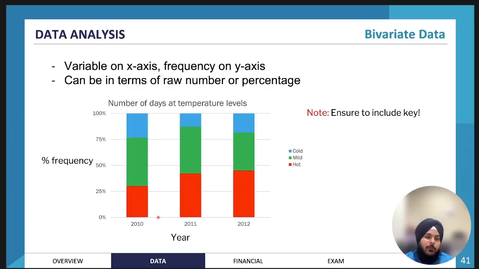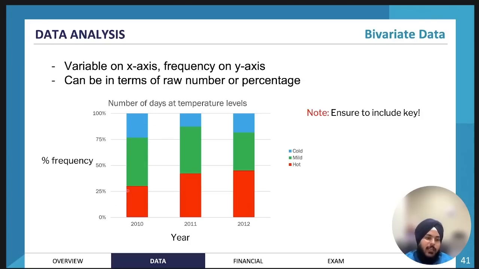So for example, if we're looking at cold, mild, and hot temperature levels in the number of days in 2010, 2011, and 2012, it's actually being split here. So although we're recording frequencies, the frequencies have been split in every year.